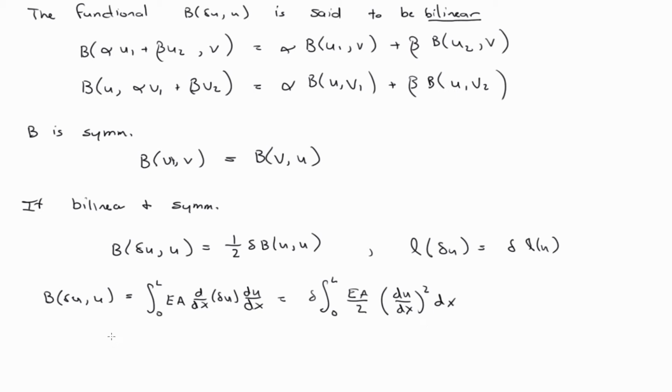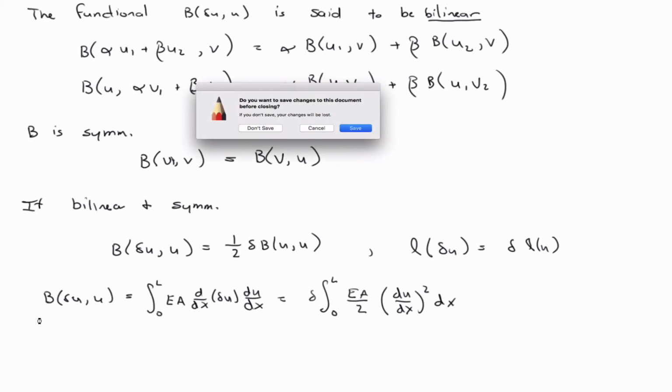So then we can rewrite the bilinear. Just one more last thing here. So we had that the bilinear form was B(del u, u) equal to L(del u), right?